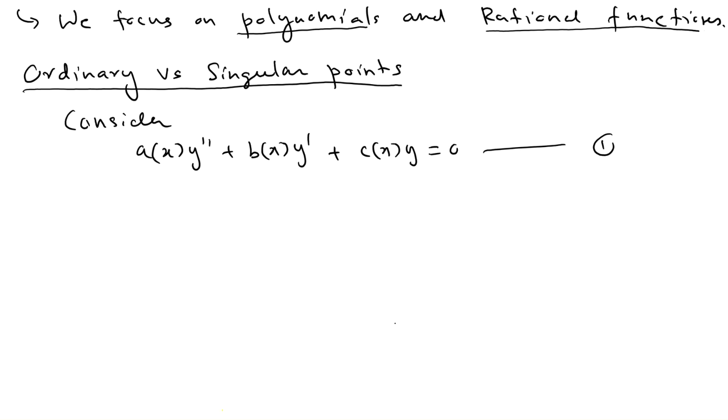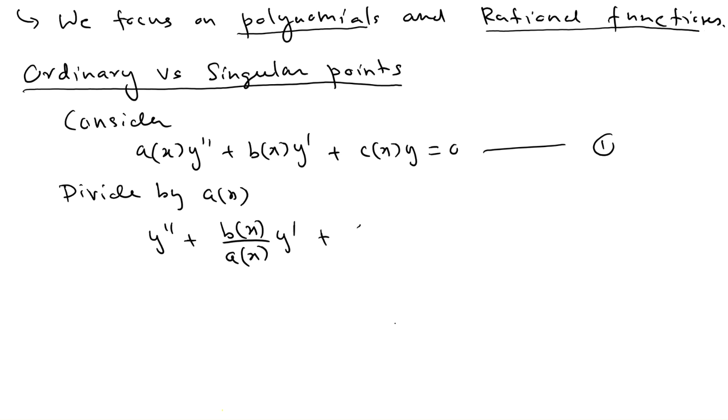Now if you get a differential equation like that, what we normally do is divide by a(x). Once you do that, you get y double prime plus b(x) over a(x) y prime plus c(x) over a(x) y equals 0.